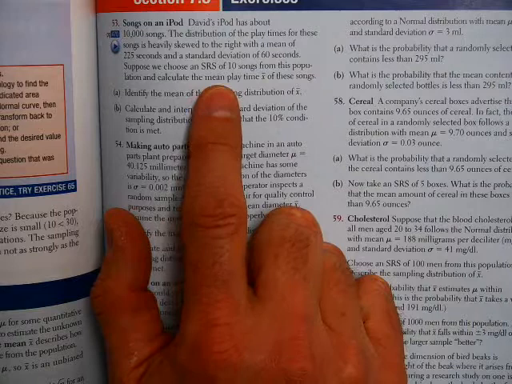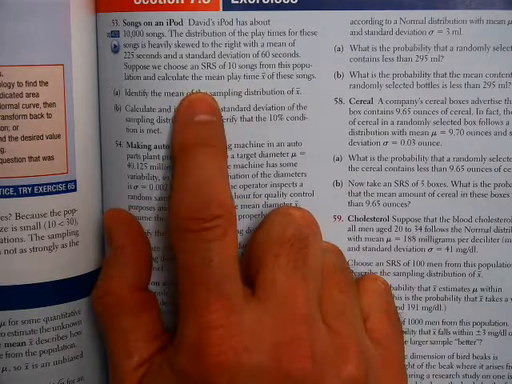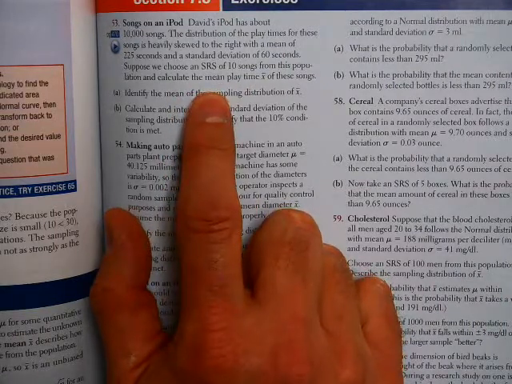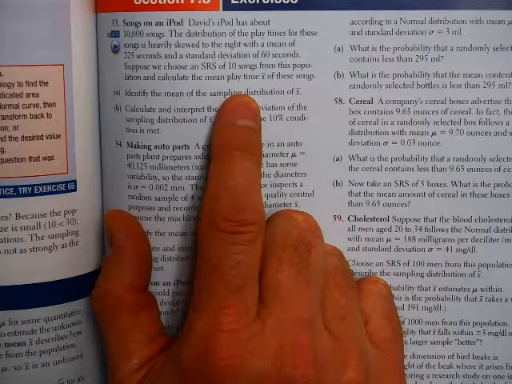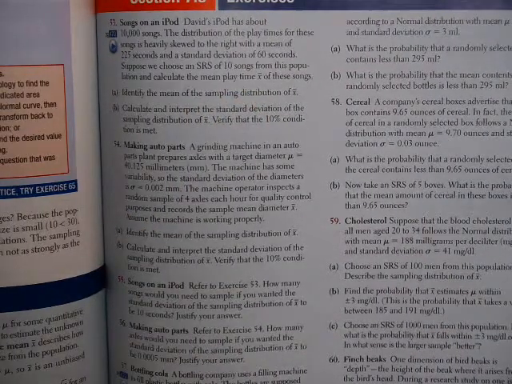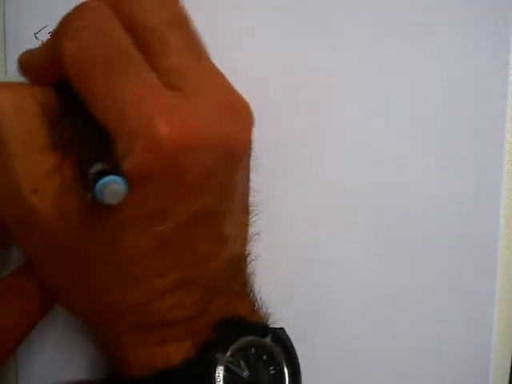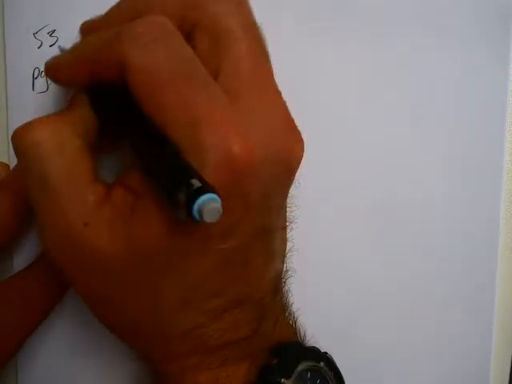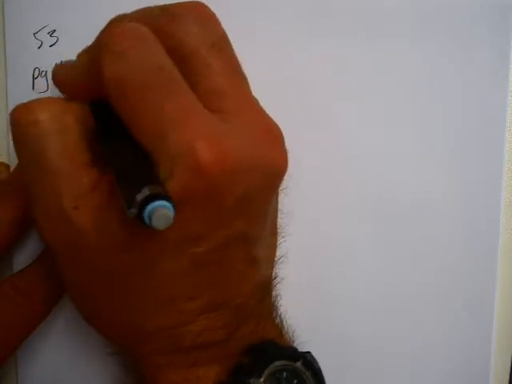Suppose we choose an SRS of 10 songs from this population and calculate the mean playtime x bar of these songs. Okay, I'm going to take some notes here. Number 53, page 479.